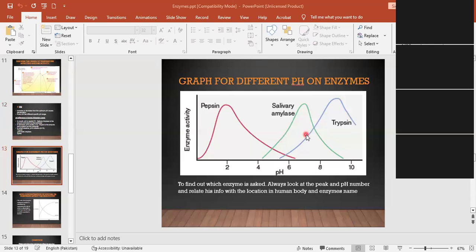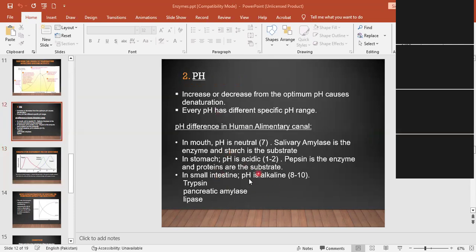Yes, we can, because every enzyme has a different optimum pH, right? Very good. Like if the pH is 2, it means there's only one enzyme which works in acidic condition, pepsin. What is the location of the pepsin? Stomach. What is the substrate of the pepsin? Protein. देखो ये last page पे यही लिखा हुआ है.